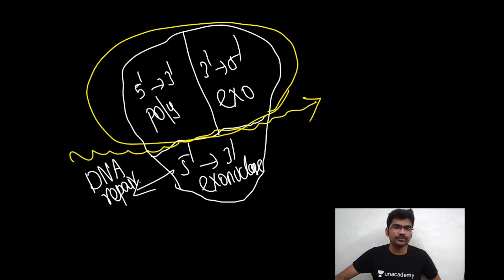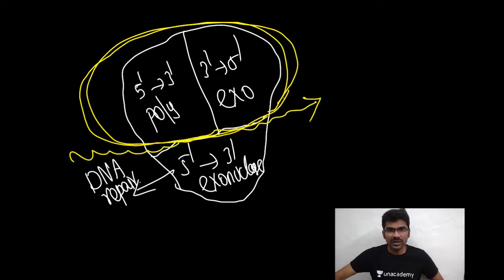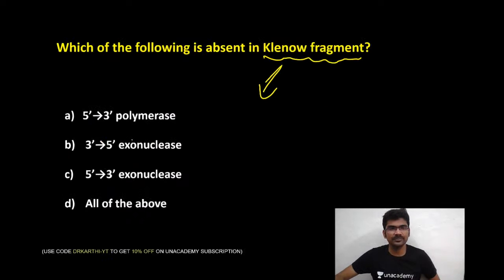Okay, so this is the one. So Klenow fragment will contain these two, it won't contain this small one. This will be lost during the proteolysis. Clear? So this is all about Klenow fragment.